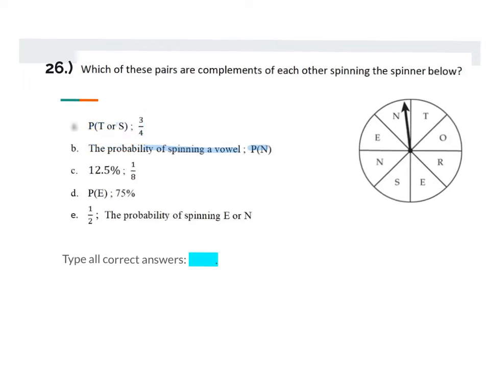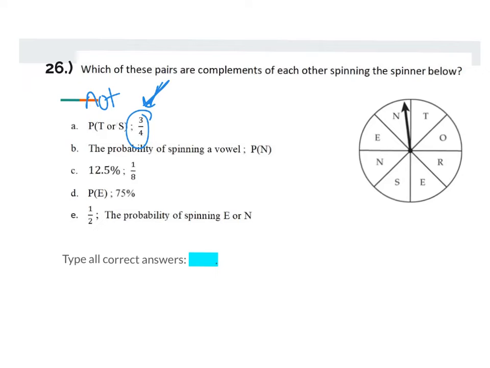So let's take a look at our first example. They said the probability of T or S. So we need to make sure that 3/4 is its opposite or its complement. Well, the complement of the probability of a T or S would be a not T or S, right? So let's find that and see if it equals 3/4.